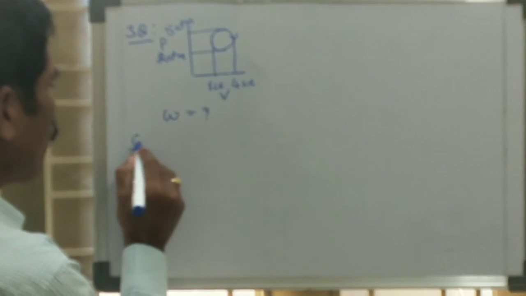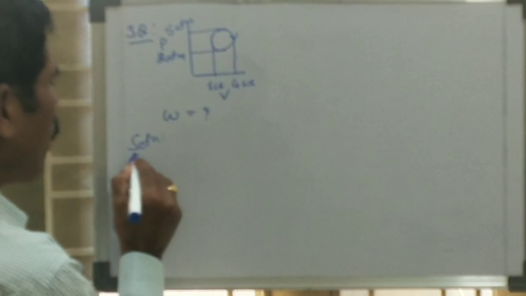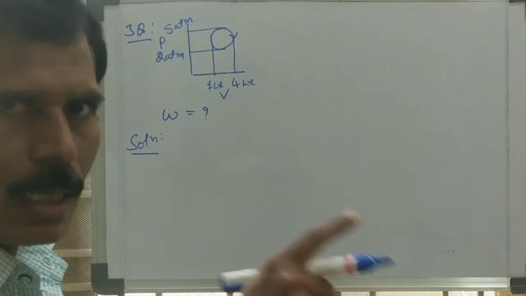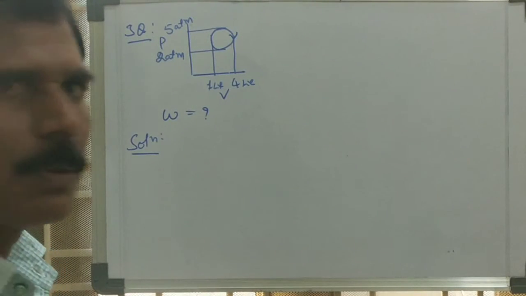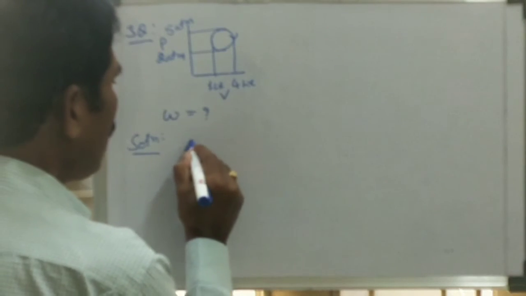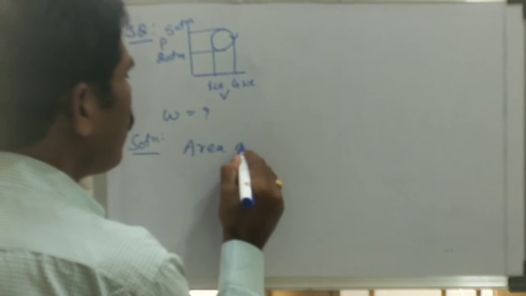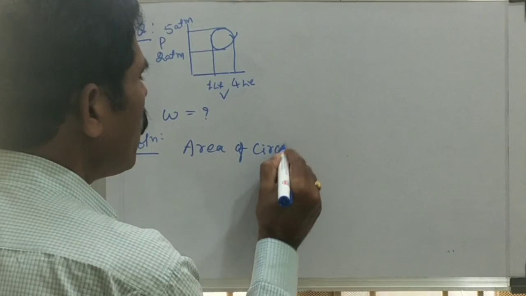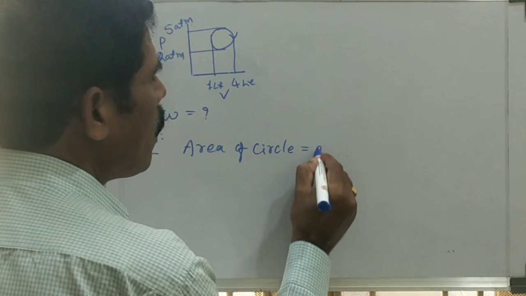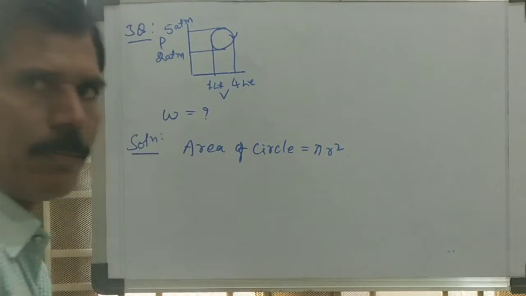So under the solution, first of all, we have to calculate the area of the circle. The area of a circle is equal to pi r square.